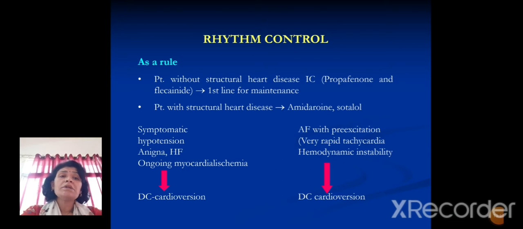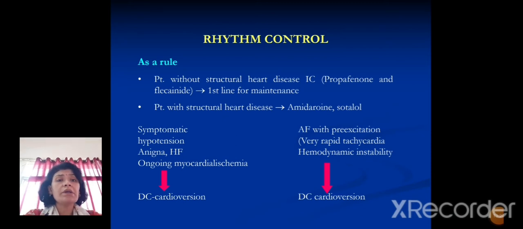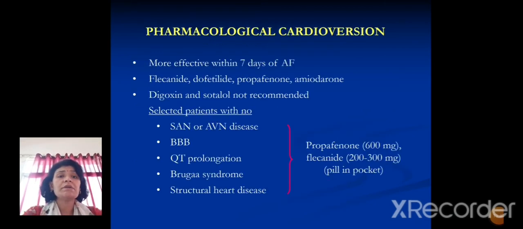Again, if the patient is hemodynamically compromised, symptomatic, hypertensive, has angina, or is in heart failure, or there is ongoing myocardial ischemia, we have to directly go for DC cardioversion. If AF is associated with pre-excitation and hemodynamic instability is there, again DC cardioversion is tried.